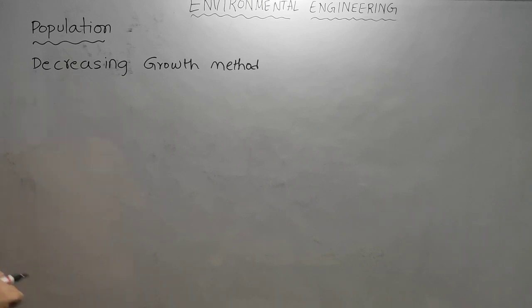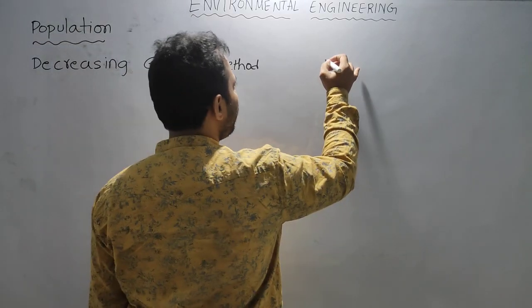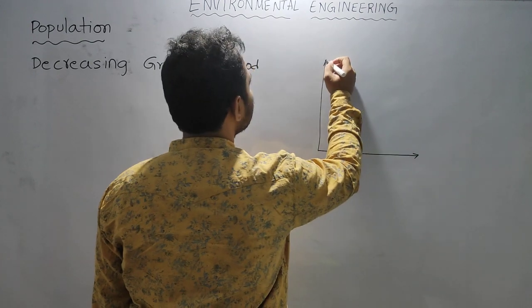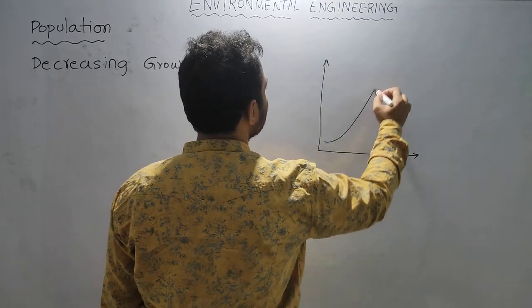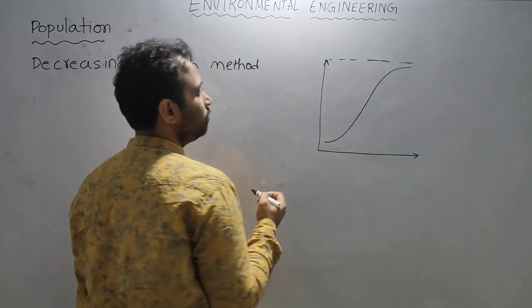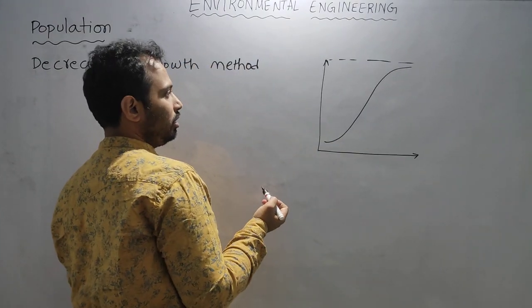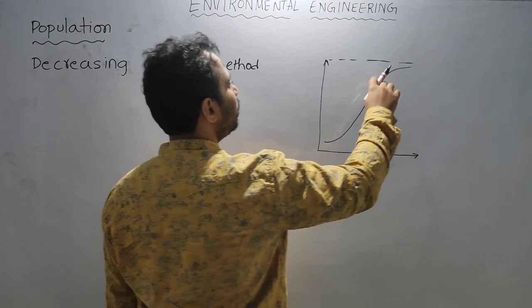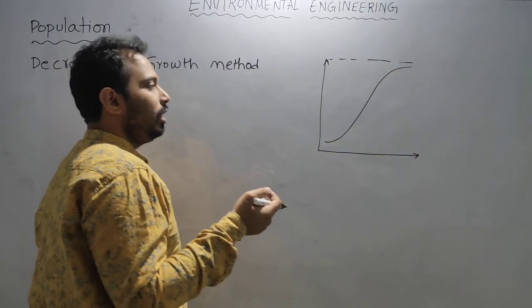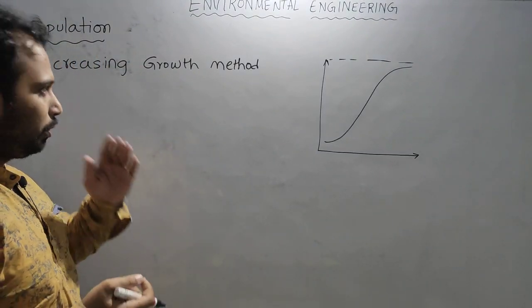Here if you look at the graph, when it is nearing the saturation, what happens? Here dP by dt reduces.